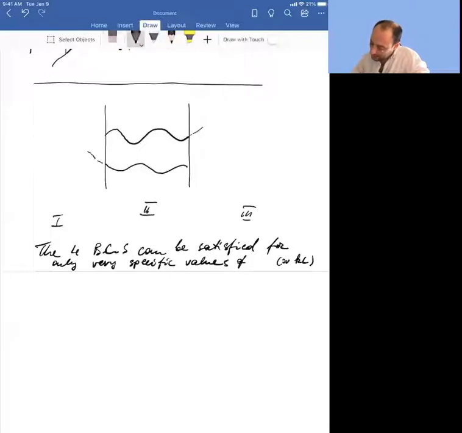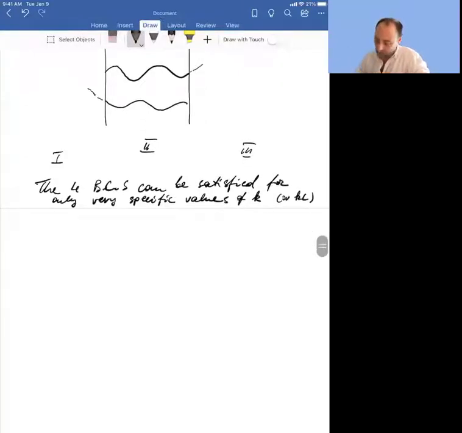Okay, your textbook has a really nice, beautiful discussion of what happens if you don't fine-tune the value of k just right. That's what this math says. What about energies? Well, remember that the energy is given by h bar squared k squared over 2m.